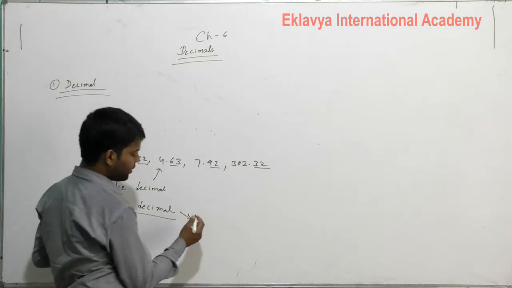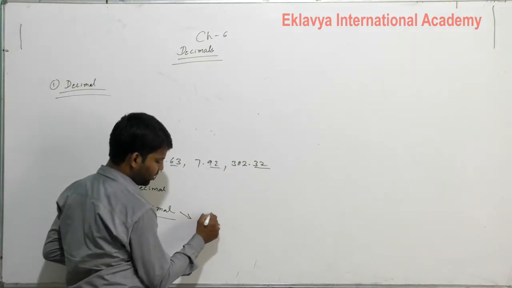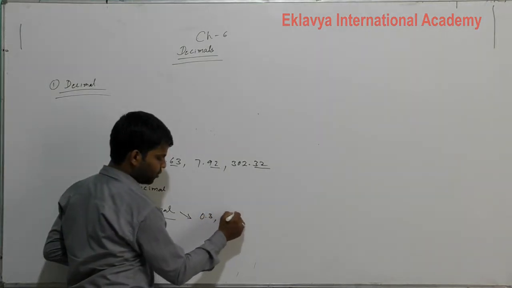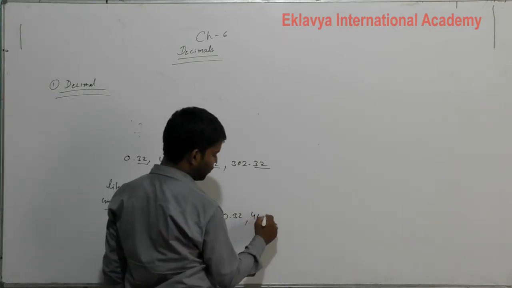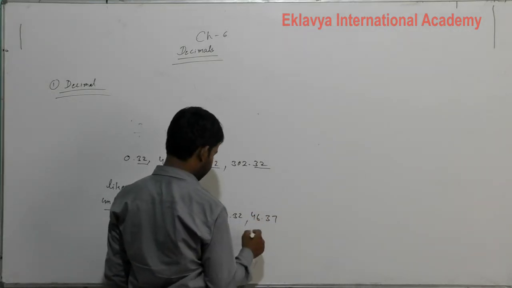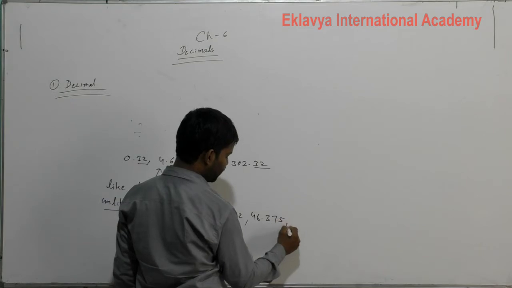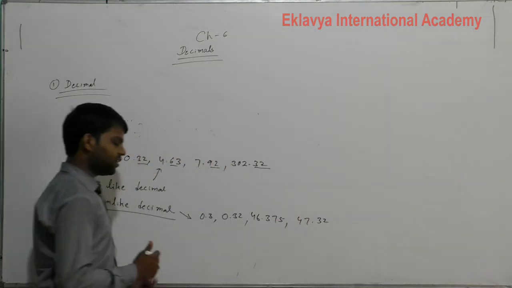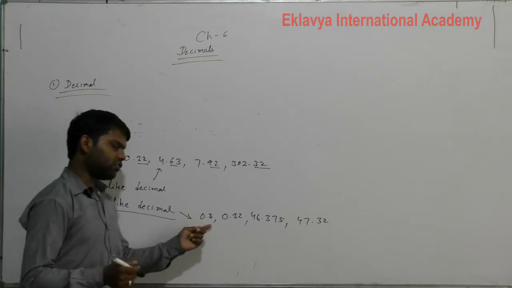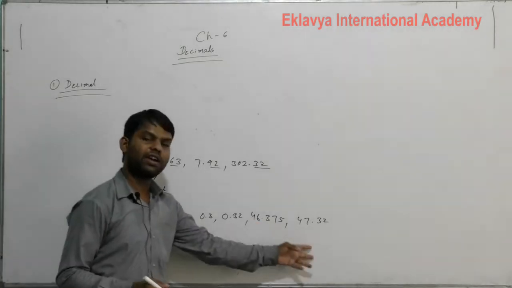If you see here, 0.3, 0.32, 46.375, 47.32. In these, the place value is 1 here, 2 here, 3 here, and again 2 here.